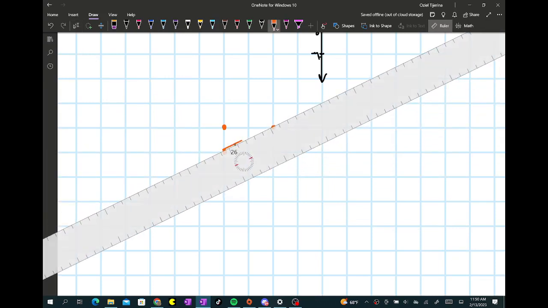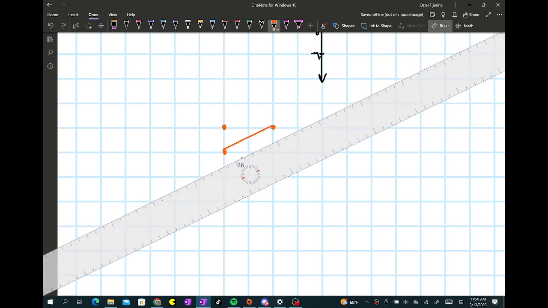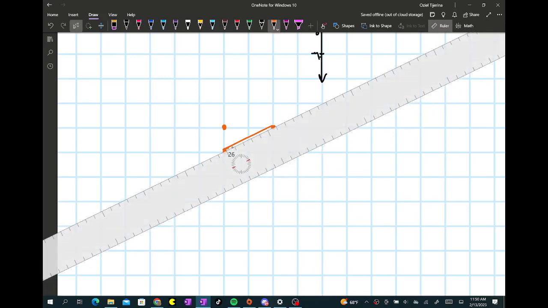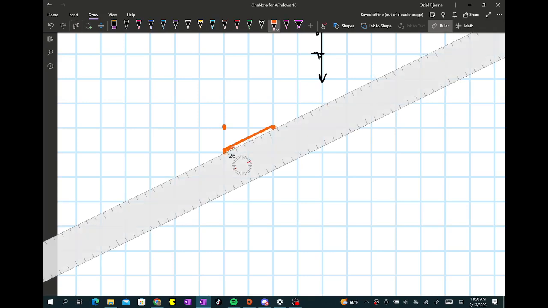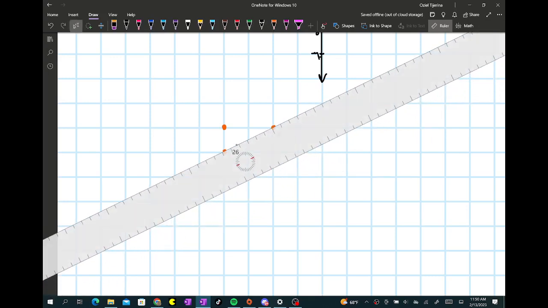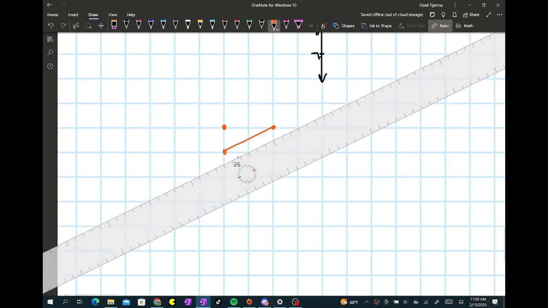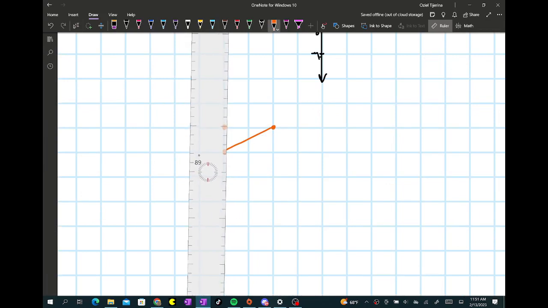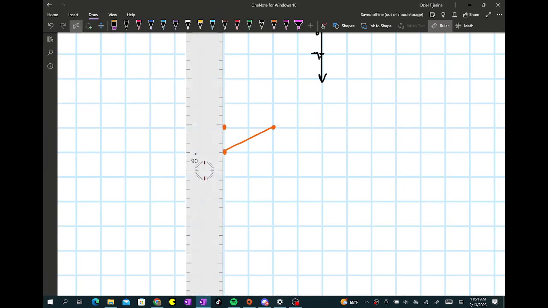It doesn't have to be perfect, but you can see how I'm doing it here. Give me a second. It's kind of like this, and then of course there's the height.